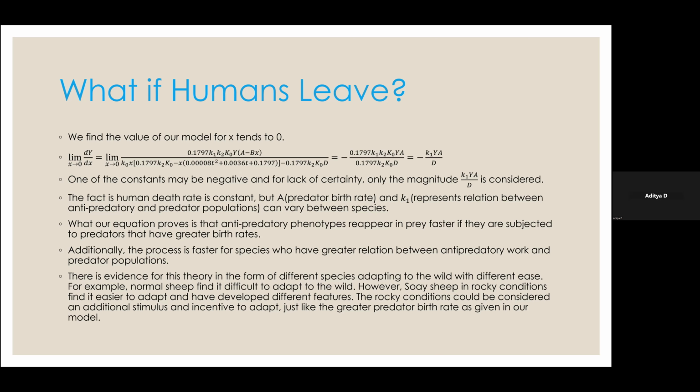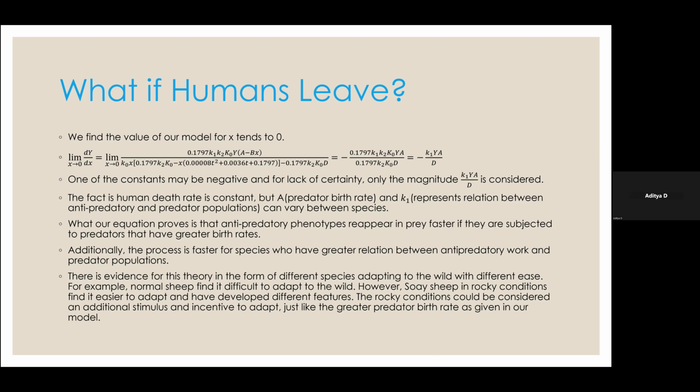The results we got were that the response of different populations to humans leaving after domestication depends on the species itself, specifically on two features. For example, if that species has a predator with a greater birth rate, it will recover and adapt to the wild faster than other species.